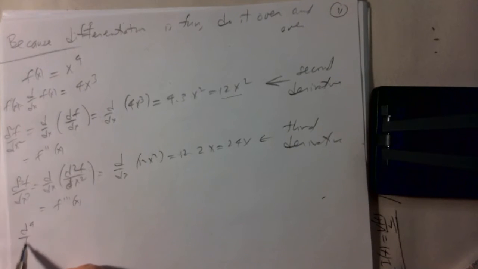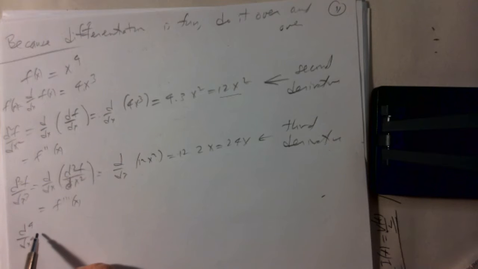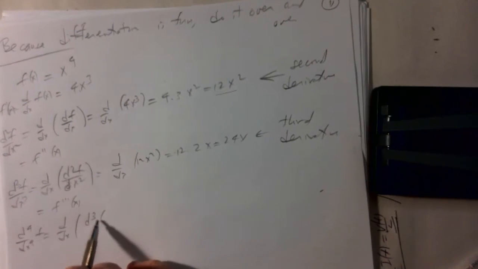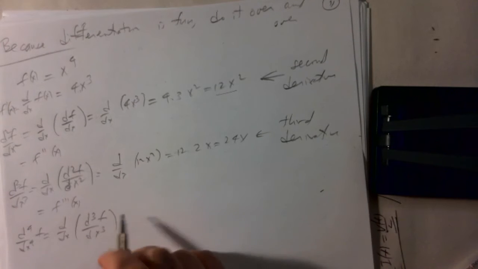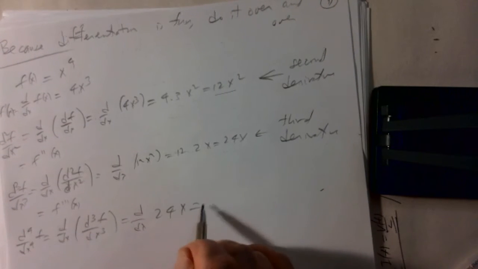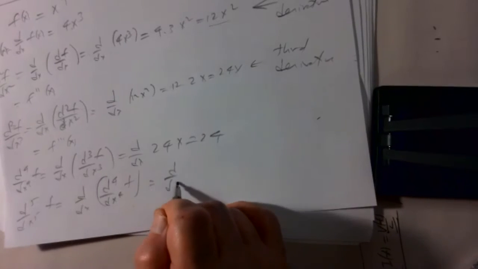And then it's natural. What would the fourth derivative be? It would be the derivative of the third derivative. That's the derivative of 24x, which is 24. And the fifth derivative would be the derivative of the fourth derivative. The fourth derivative is just the constant 24, and we get 0.